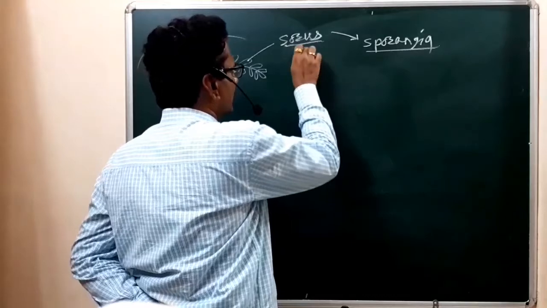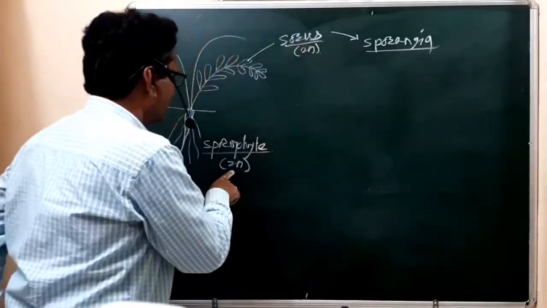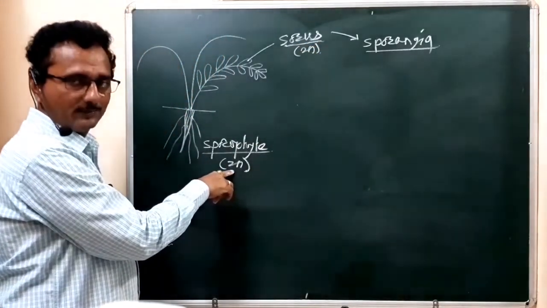This sorus is diploid because it is developed over the diploid plant body of Nephrolepis.